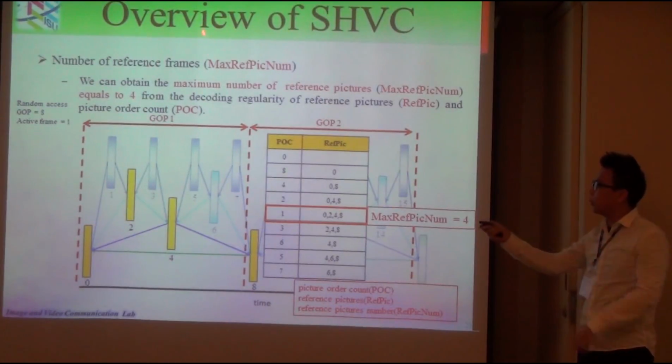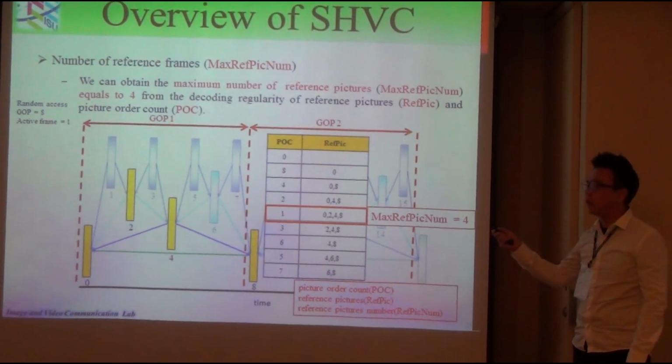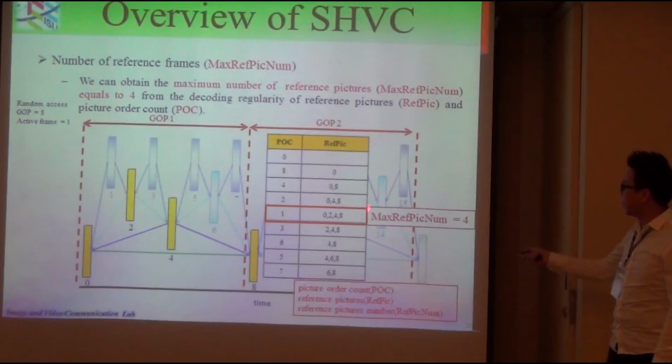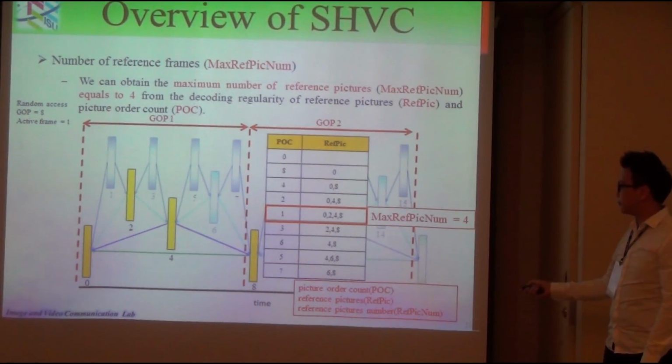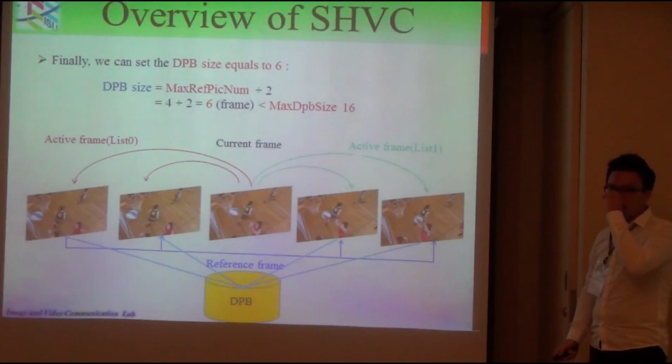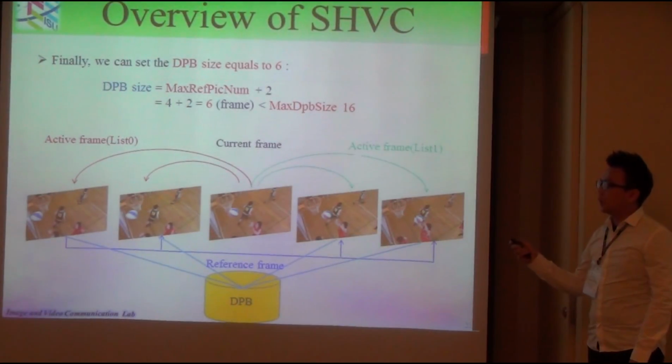So we can obtain the max number of reference frames, called max reference frame number, equals 4 from the decoding regularity of reference frame and the picture order counter. Finally, we can set a DPB size equals 6.